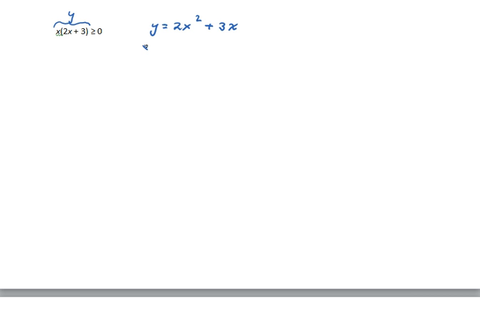We notice that the x-intercepts are x equals 0 and x equals -3/2, looking at the factored form. Again, the parabola has leading coefficient which is positive, so opens up. This time it passes through -3/2 and 0.